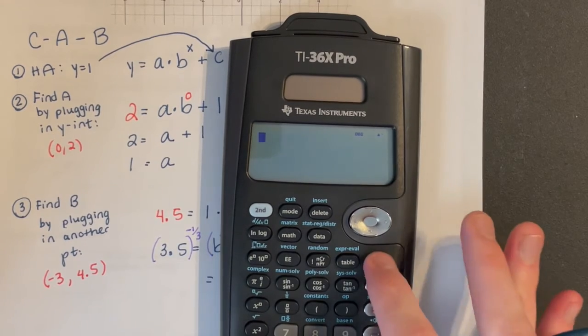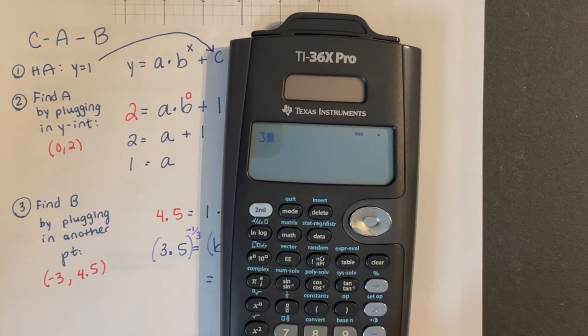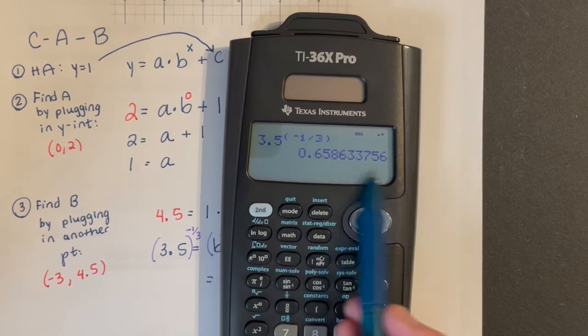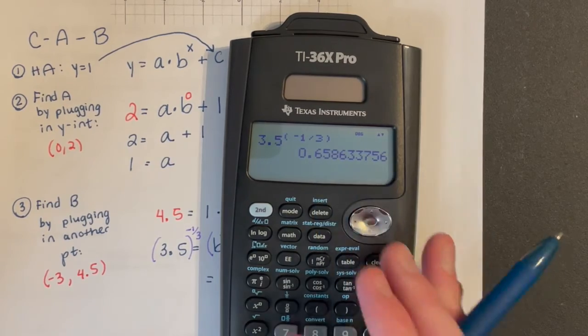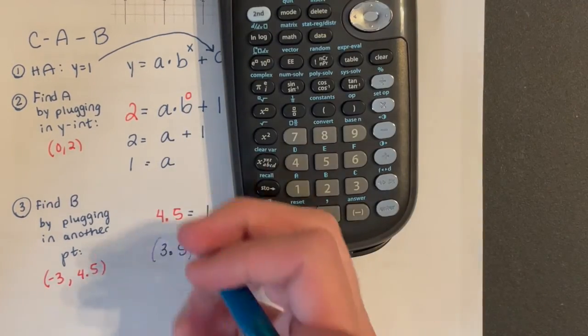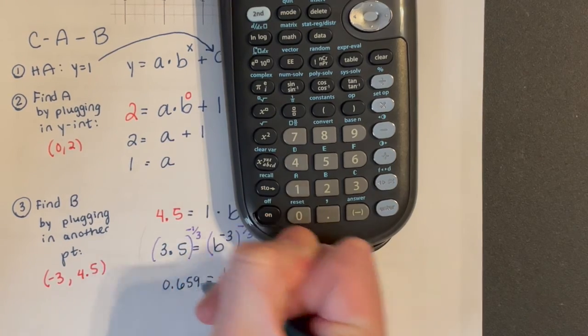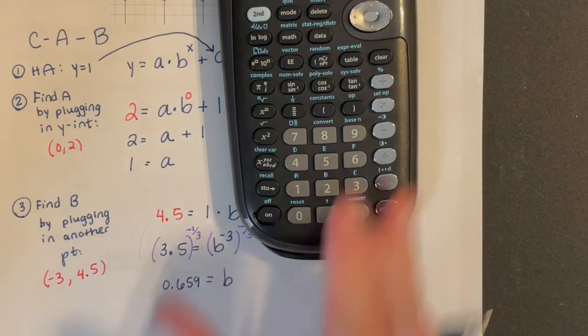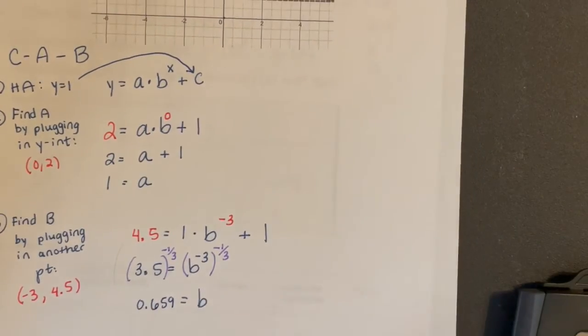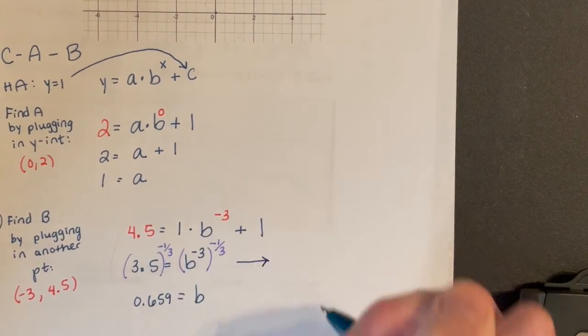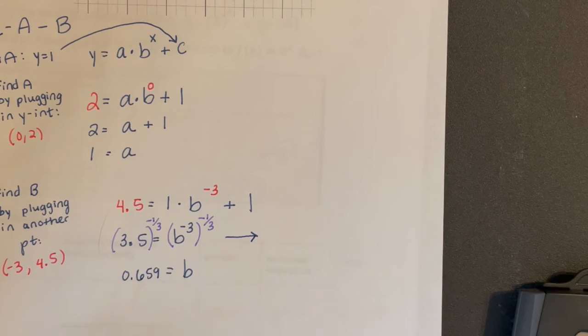In our calculator, we have 3.5 raised to the negative 1/3. And it gave us some ugly decimal. 0.659 was what it was approximately. To really clarify what's going on here, we can use those exponent rules.